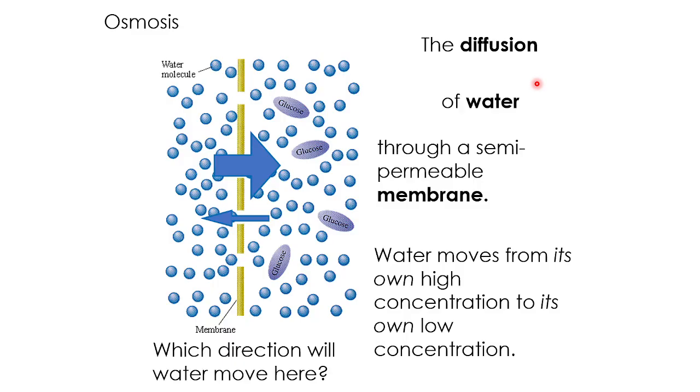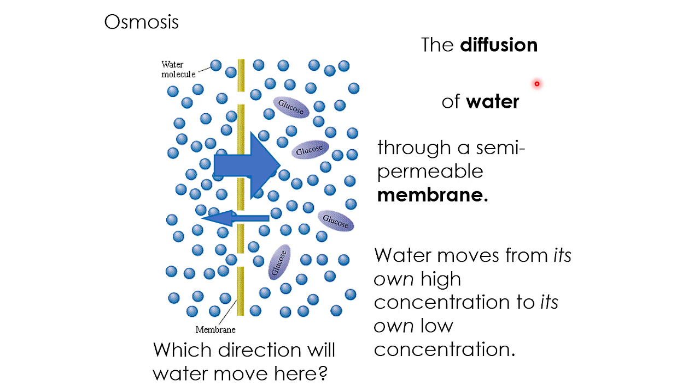Now you have heard about osmosis. It is basically the diffusion of water through a semi-permeable membrane. A semi-permeable membrane is required to distinguish between the higher concentration portion and the lower concentration portion.